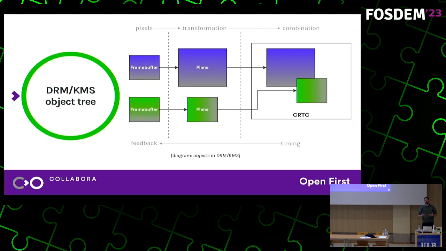When we know that we want to present stuff to HDMI, we know exactly when the next refresh cycle is going to start, the next one after that, and so on and so forth. So timing is always flowing backwards, and this goes the whole way from the connector back to the CRTC, back to the windowing system, and then back to the clients. It's always starting from that fixed hardware source.